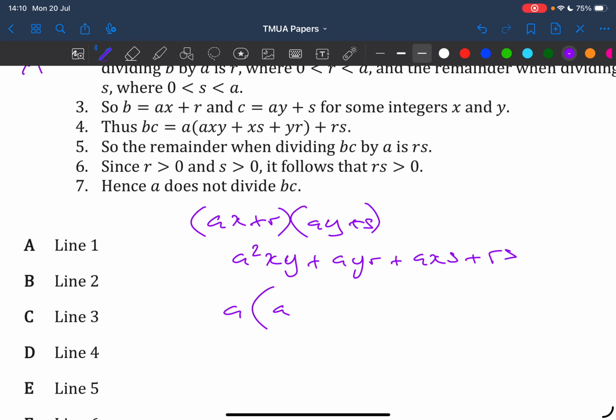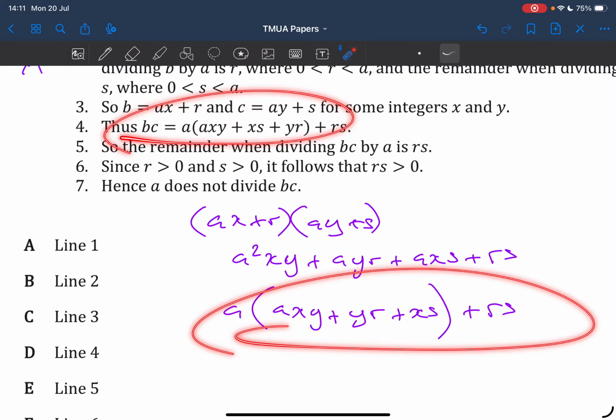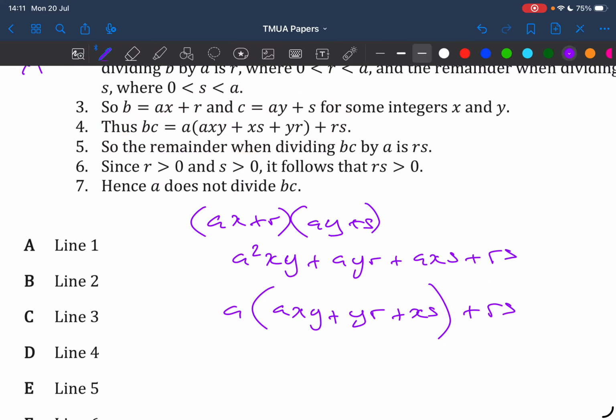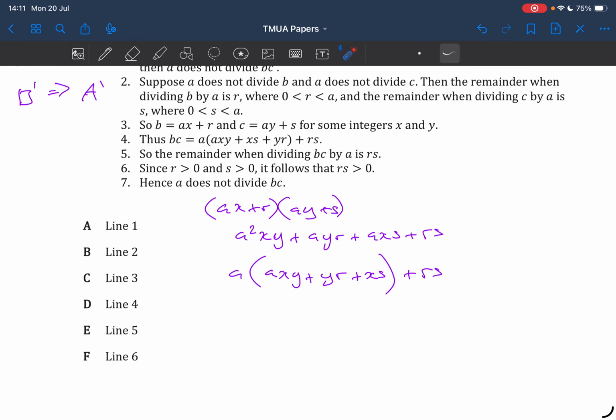A lots of AXY plus YR plus XS. And there's no A in the RS, is there, so I'll leave that alone. That looks good. Is that the same? Yep. This looks good so far. So the remainder when dividing BC by A is RS.